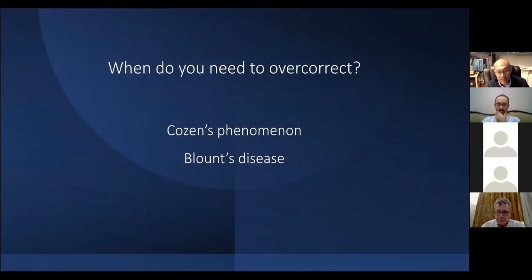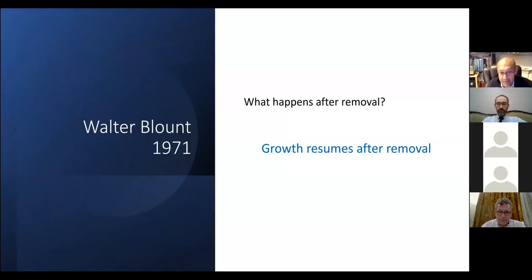And in Cozen's phenomenon, which is usually a genu valgum, you want the mechanical axis to be in the medial compartment slightly before removing the plate. Another important contribution by Walter Blount in 1971: he confirmed growth resumes after removal of these devices. And that is the same whether you were using multiple staples or if you're using the 8 plate.